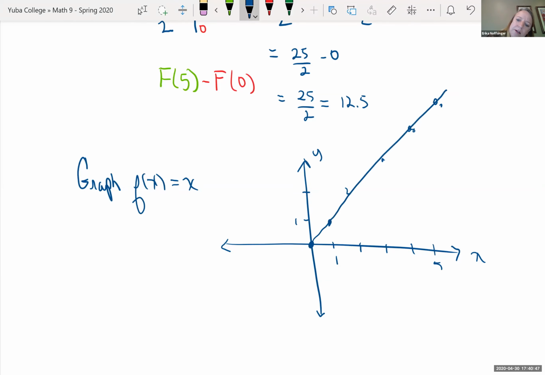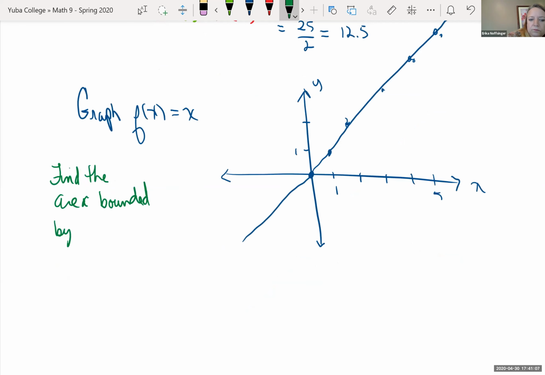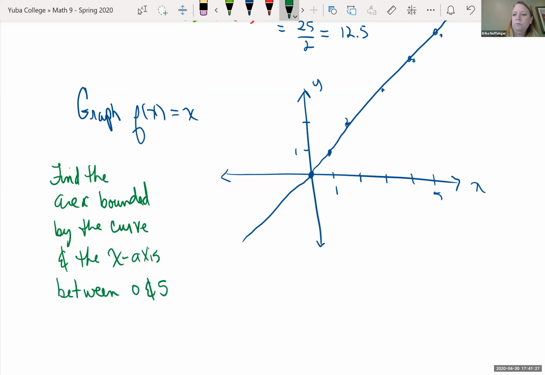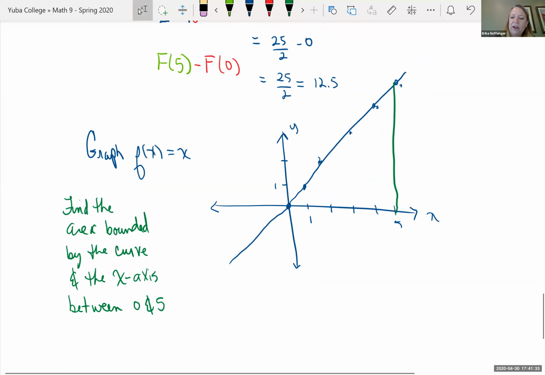Now look at the area. If we looked at the area bounded by the curve and the x-axis between 0 and 5, basically that's a right triangle. And we can find areas of triangles.